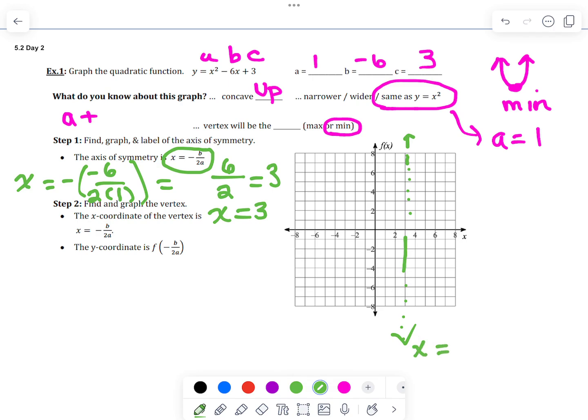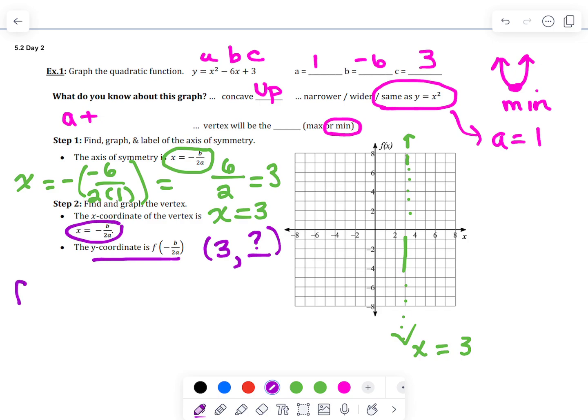And then label it. The vertex will always be the x-coordinate of the axis of symmetry. So we know the vertex will be at 3, and we want to find the y-coordinate of the vertex. So to find the y-coordinate, we evaluate the function for 3.